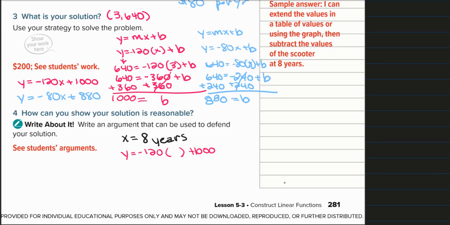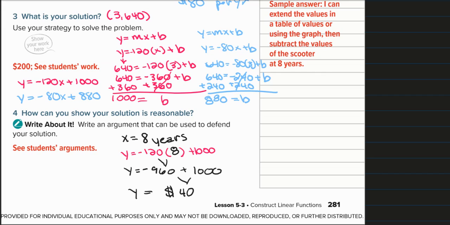And so we're going to plug in that 8 for that x value. So we get 120 times 8. Don't forget that's a negative 120, so it's a negative 960 plus 1,000. And when we add those together, we're going to get 40. So our y value equals 40, and our y stands for our total cost. So it's going to be $40 for the first bike.